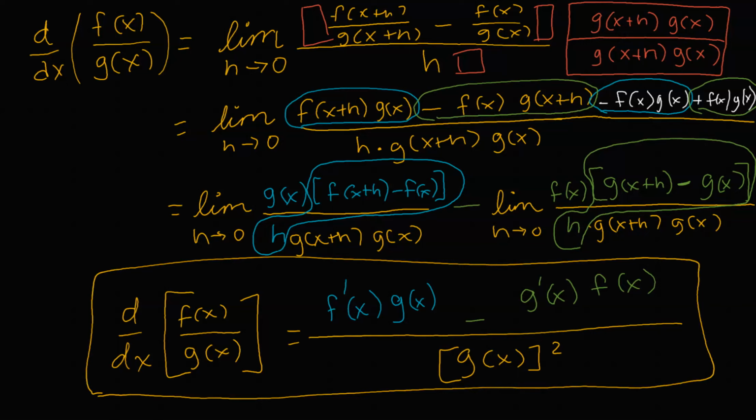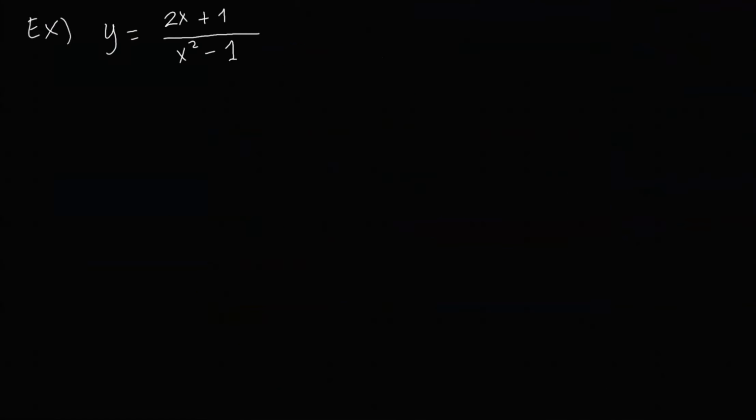Okay, so let's go and practice that. Here is an example, and I'm going to go ahead and write the derivative again. The quotient rule said if you have a quotient and you are taking the derivative, I'm not going to write the f of x because I think it's going to be simpler to look at.